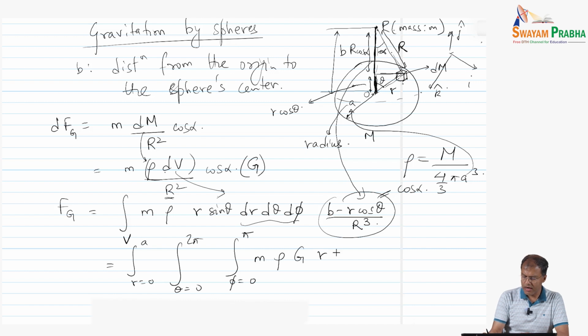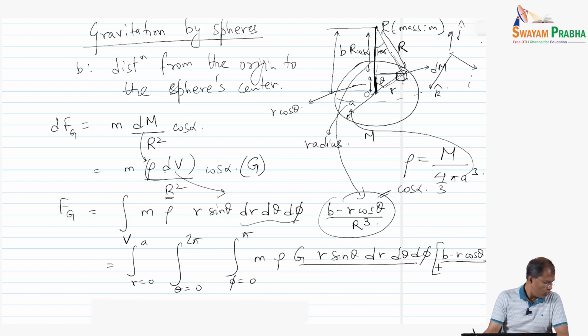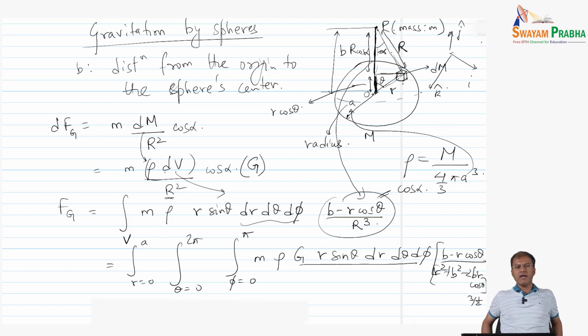So dv is r sine theta times dr d theta d phi, times b minus r cos theta divided by r cube, and r cube is going to be r square plus b square minus 2br cos theta to the power 3/2. And that is the complete integral that we have to perform.